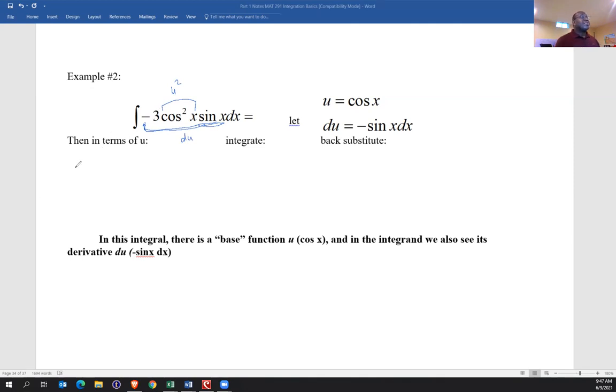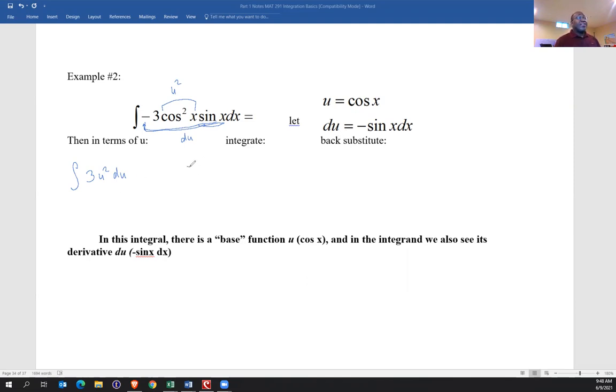So when we write this in terms of u, this becomes 3 times u squared times du. All right, so now you may be wondering, where did the negative go? Well, remember, the negative here was part of the derivative of cosine. So it got sucked into the du. That's why we don't see that here.